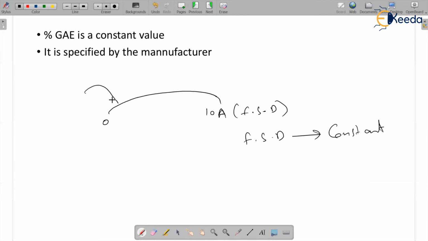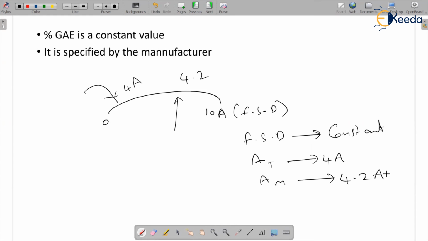I may give 4 amperes, so your true value is 4 amperes. Then it is showing 4.2 might be, so this measured value is 4.2 amperes.